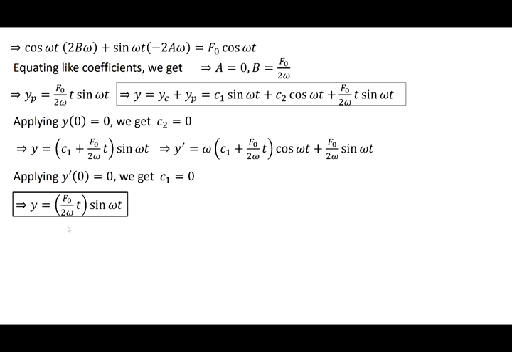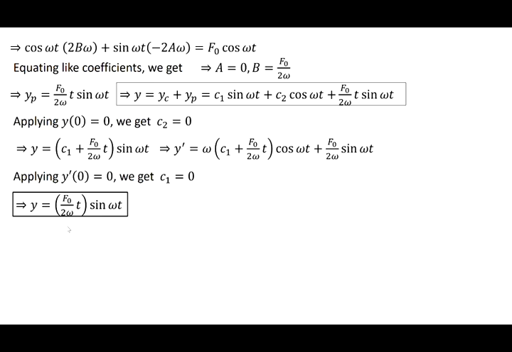Can you imagine what physically that means? The amplitude is that. What it's saying is, as t increases, the amplitude increases. What? As t increases, the amplitude increases.